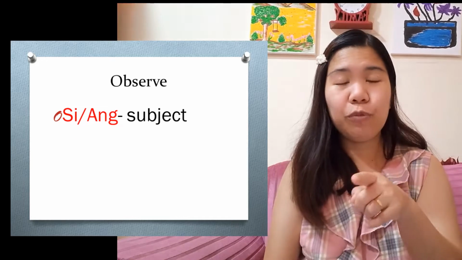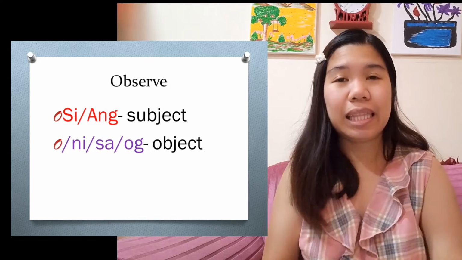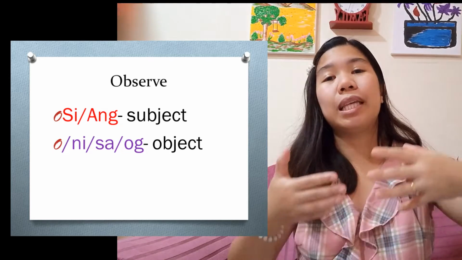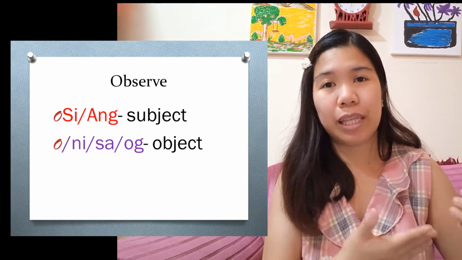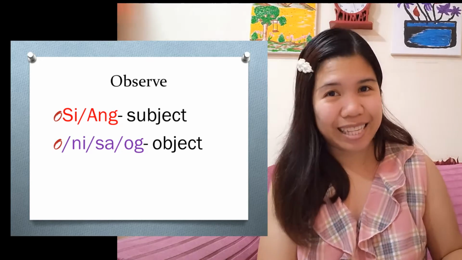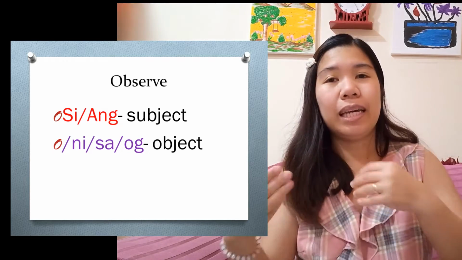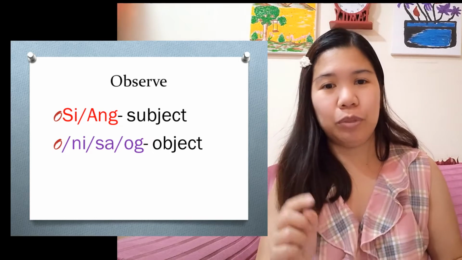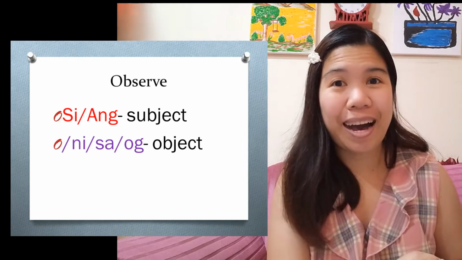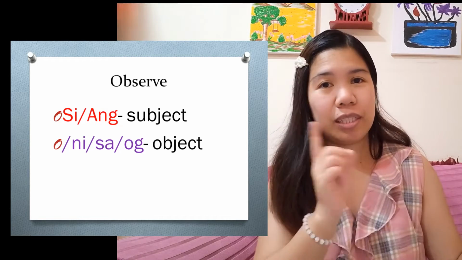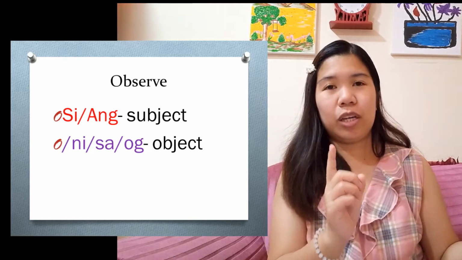While if you see these short words ni, sa, or ug, usually the next noun or naming word is the object of the sentence. Understood? For example, ni Jonah. Jonah is the object, not the subject. Sa simbahan. Simbahan, church. Simbahan is the object, not the subject.